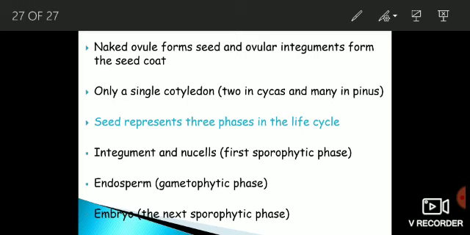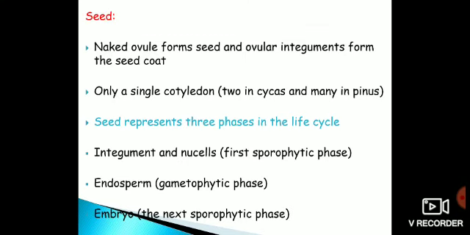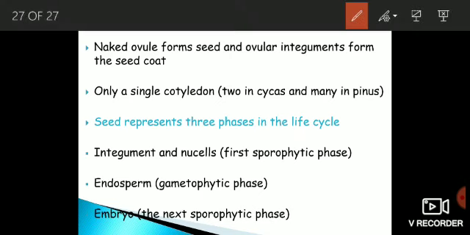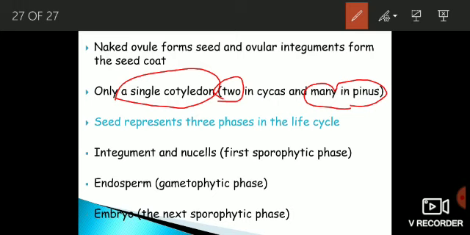In gymnosperms, the embryo which is lodged inside the ovule contains only a single cotyledon in the majority of cases. However, in cycas there are two cotyledons, and in pinus there are many cotyledons.